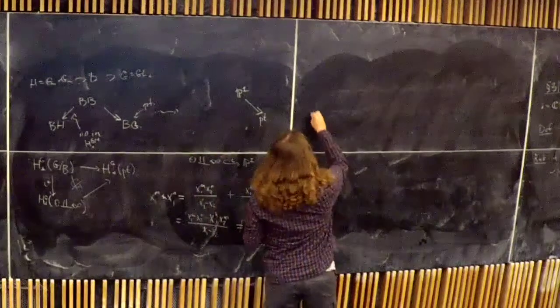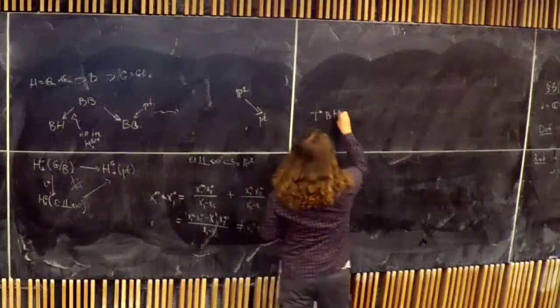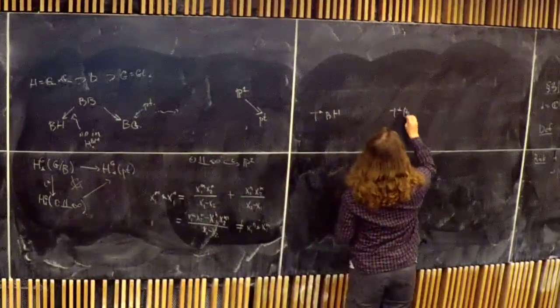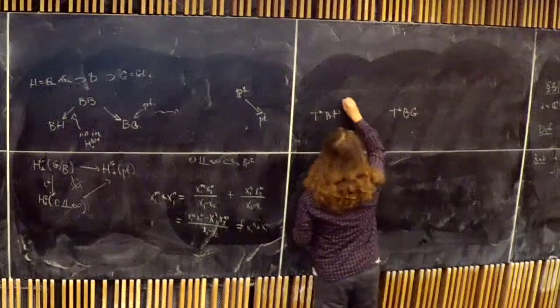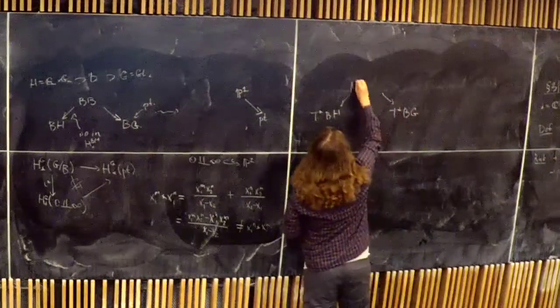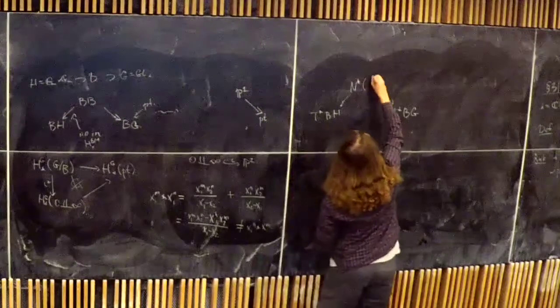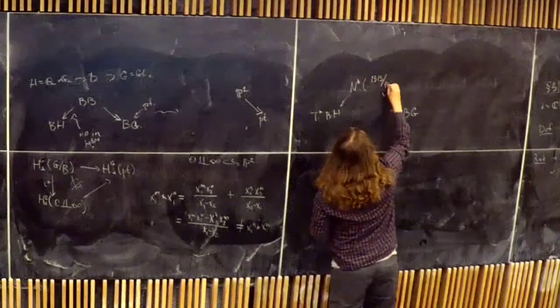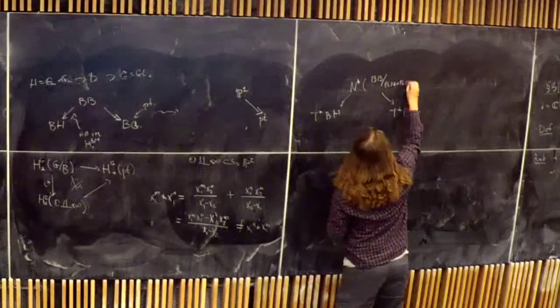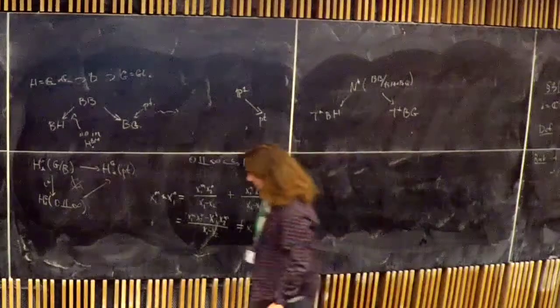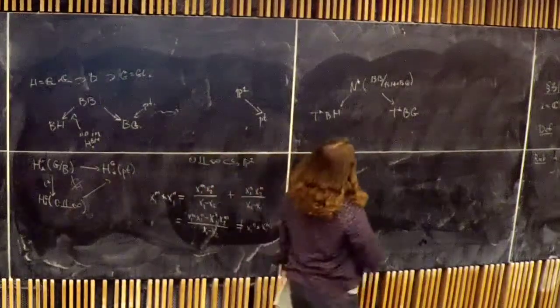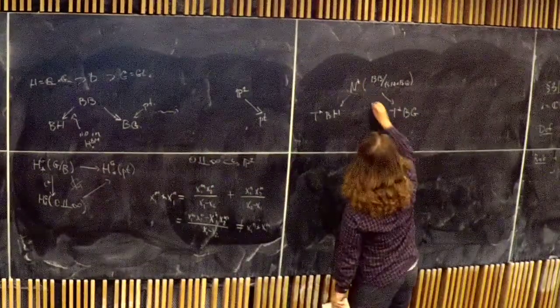So I take T star H, T star G. Here I take normal of DB over G. And now let me just look at this map.